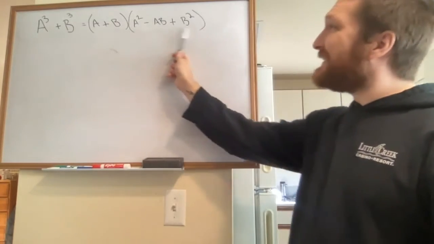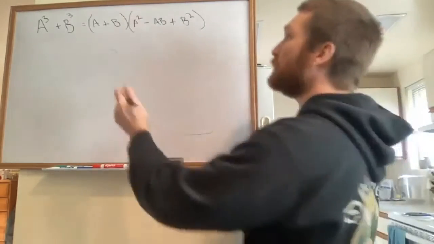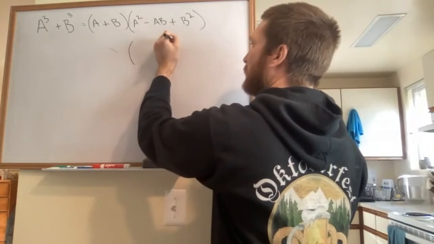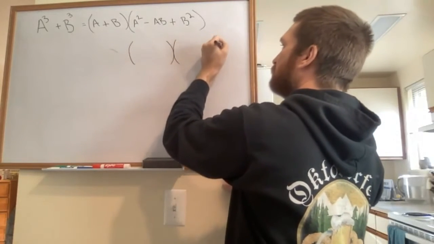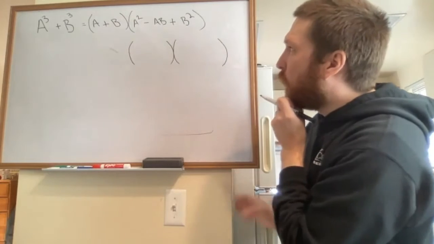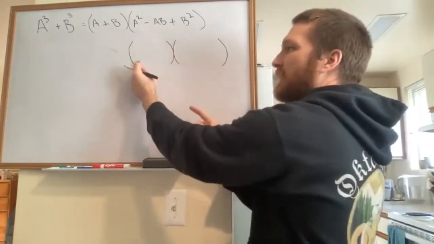Suppose that this can be factored. Okay, let's suppose that it can. Well, what's it going to have to look like? Well, something like this. Okay. Well, what has to go in the first? Because remember, first, outer, inner, last, what would have to go here and here?